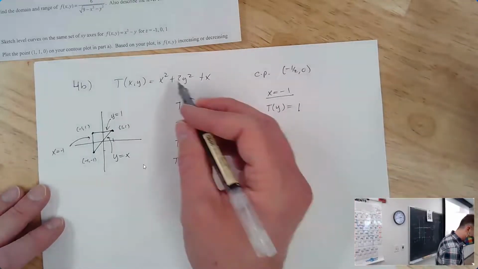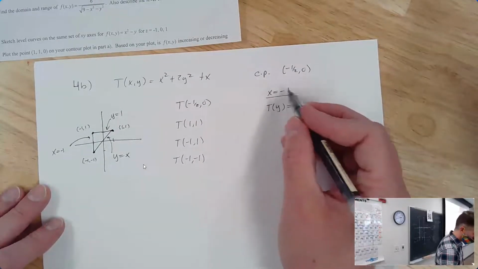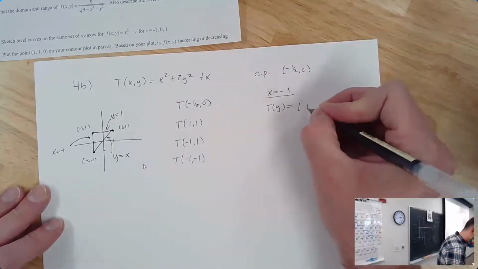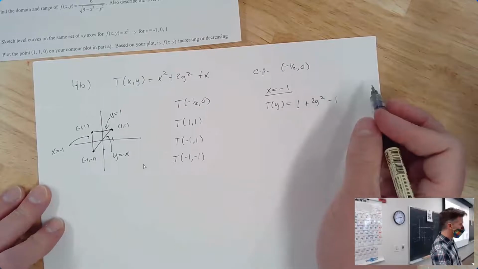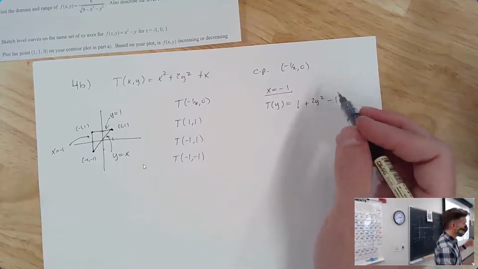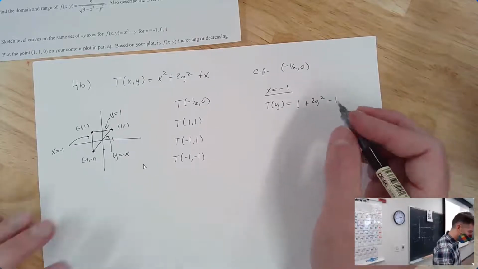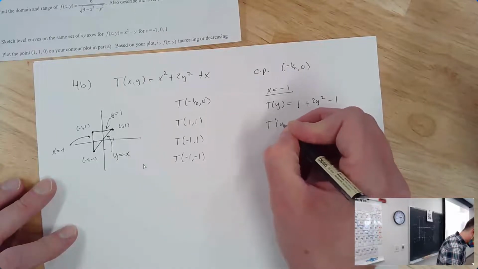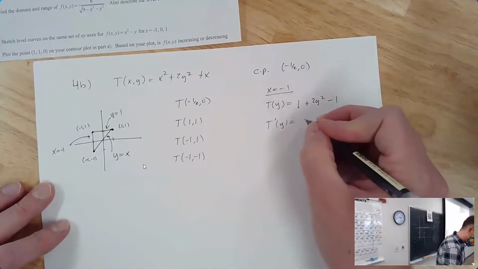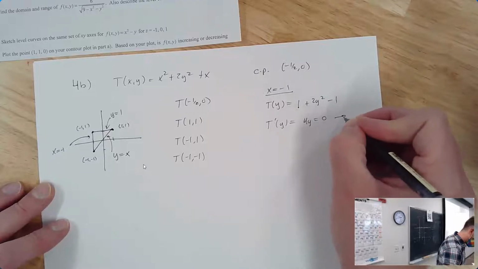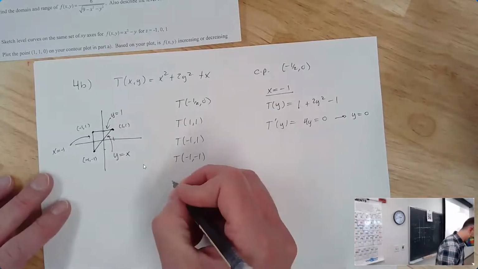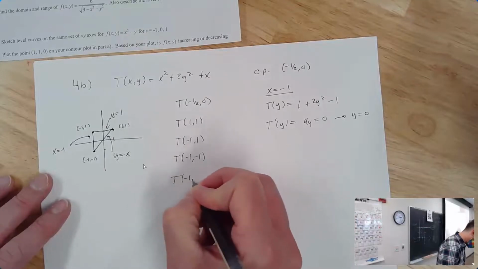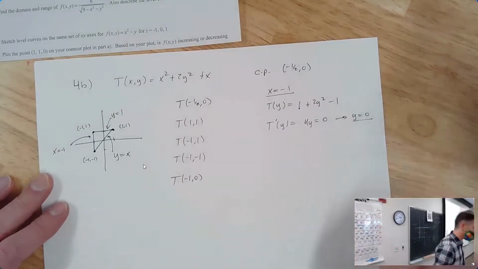So T of y, sorry, x is -1, you get 1 plus 2y squared minus 1. I don't even really care about those constants. They cancel out, but their derivative is going to be 0. I'm not even going to take the time to cancel them. T prime of y is going to be 4y, set that equal to 0. You get y equal to 0. So I'm getting the point -1, 0. Right? X is -1, y is 0.